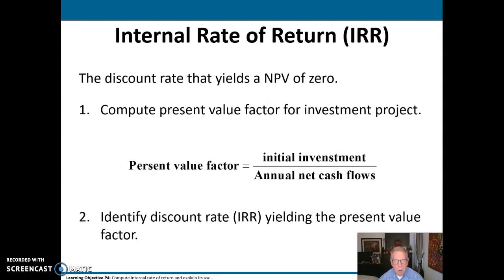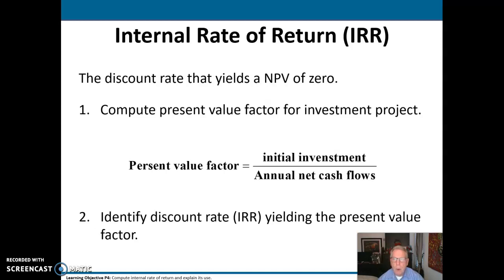But for right now, understand that if we increase our discount rate, we're going to reduce the present values. And as we reduce the present values, eventually, if we have a high enough discount rate, it will result in 0. And that is the discount rate, that's the internal rate of return.